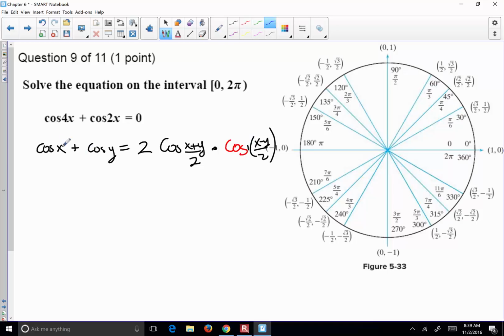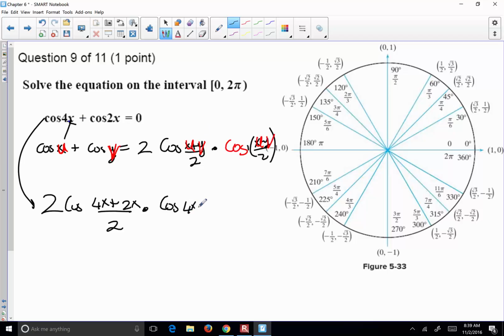Alright, what is our x? Let's call these u and v because x and x is confusing. U and v is u plus v, u minus v. Our u is 4x, so just switch. So cosine 4x plus cosine 2x is twice cosine of the first plus second divided by 2 times cosine of the first minus second divided by 2 equals 0.